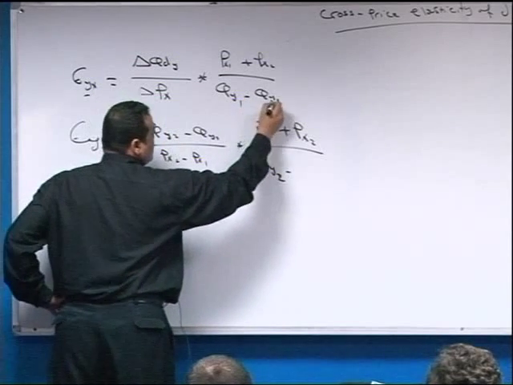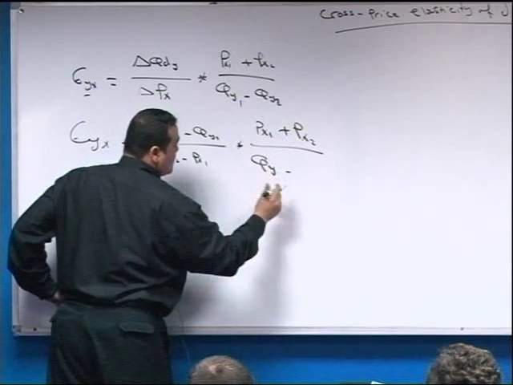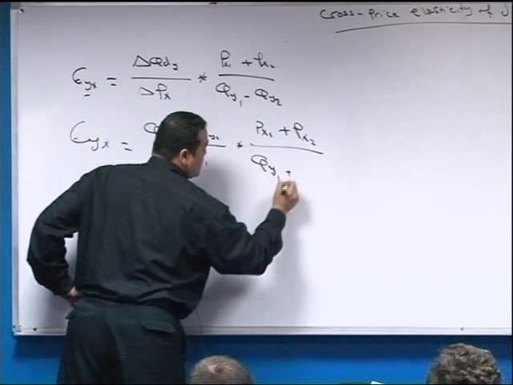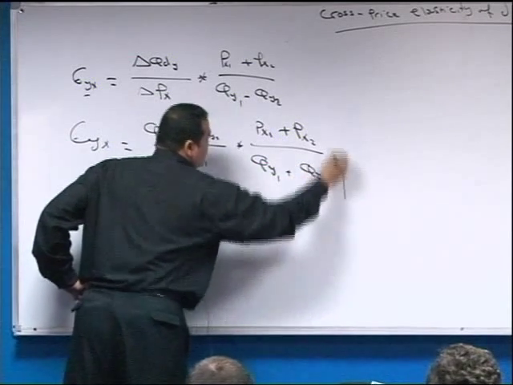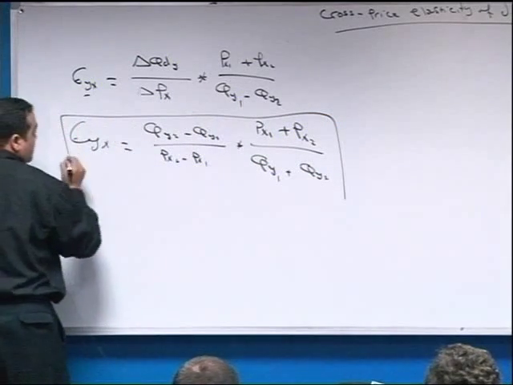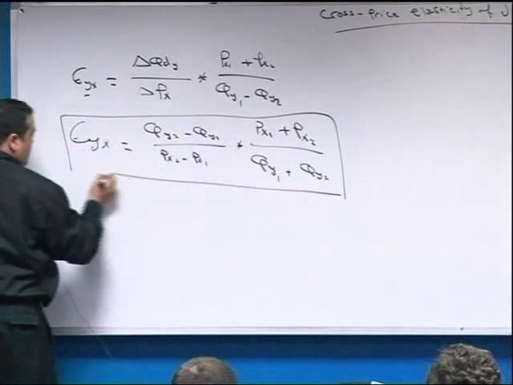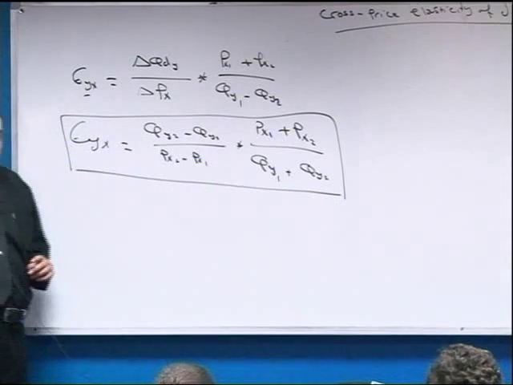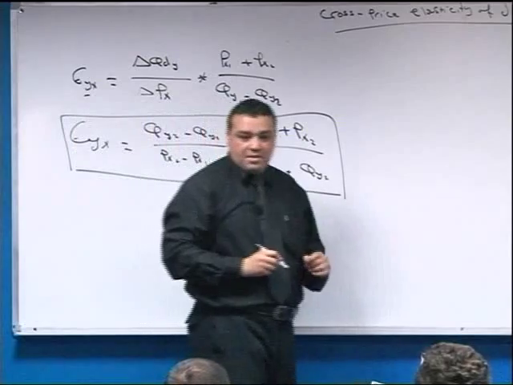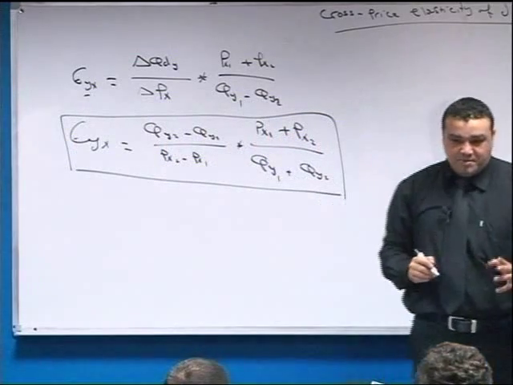Okay, 1 plus 2, it doesn't matter. This is the midpoint formula to calculate the cross price elasticity of demand.